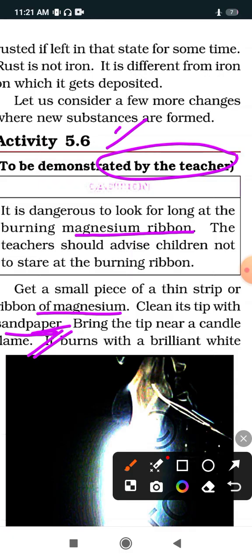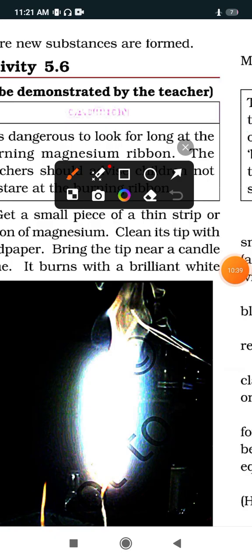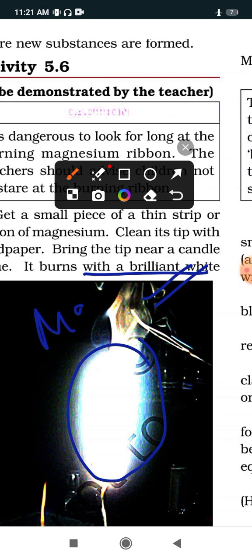Clear? So it will burn with a white dazzling flame. See, so it will burn with white light. When we bring the magnesium ribbon near the candle flame, it will burn and give a white flame.